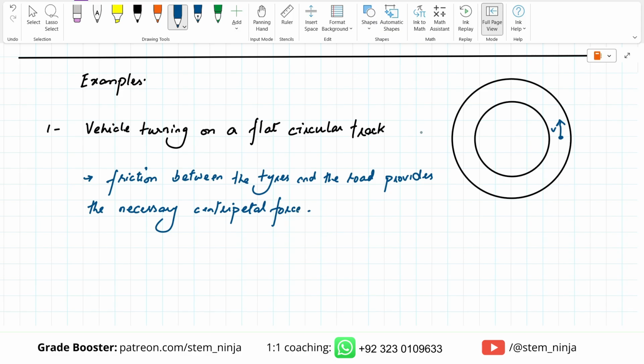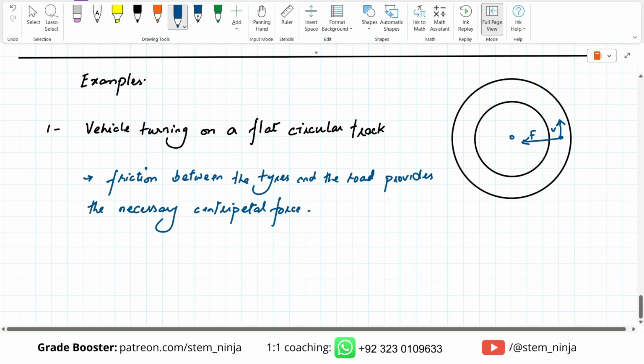That means that the centripetal force is due to the friction force.